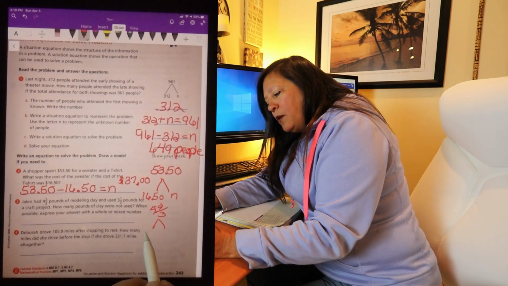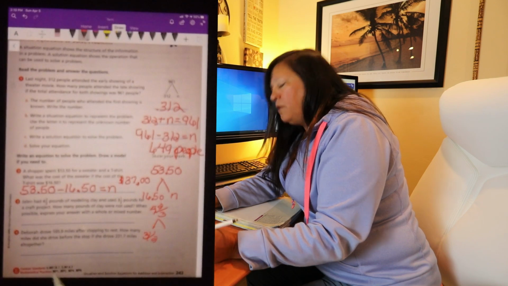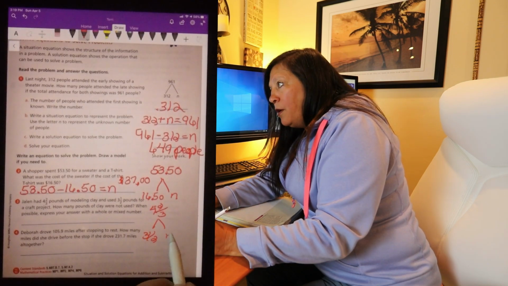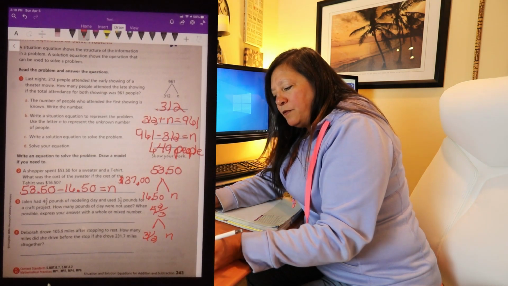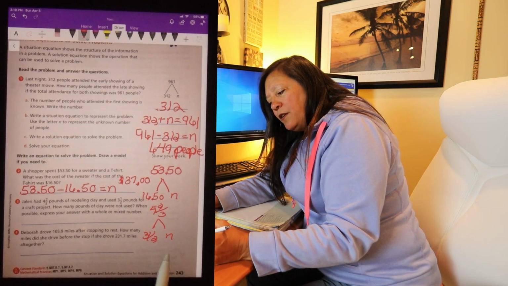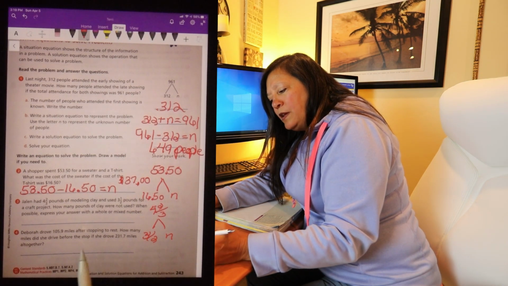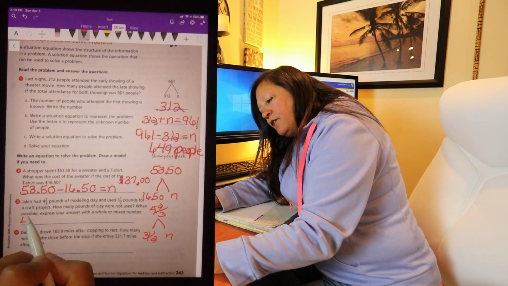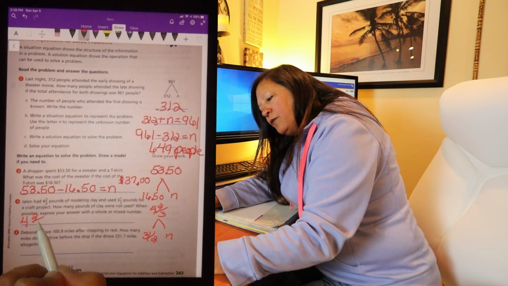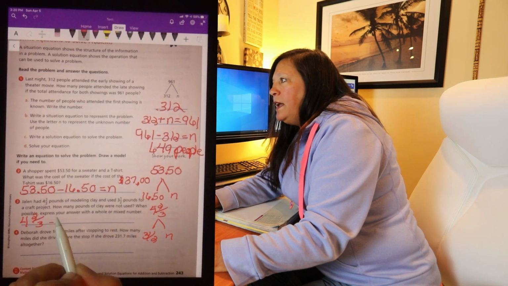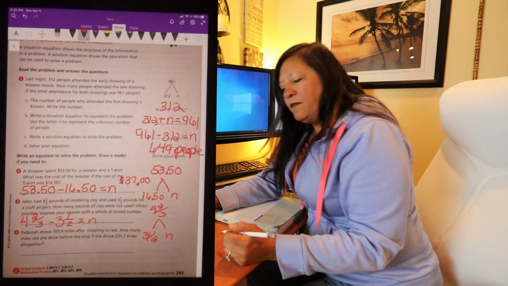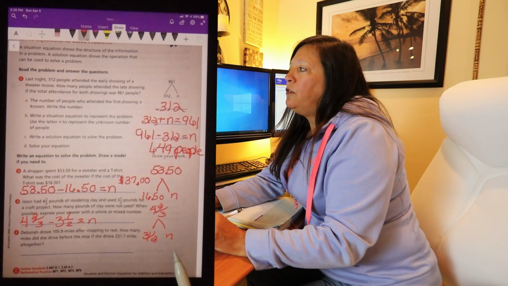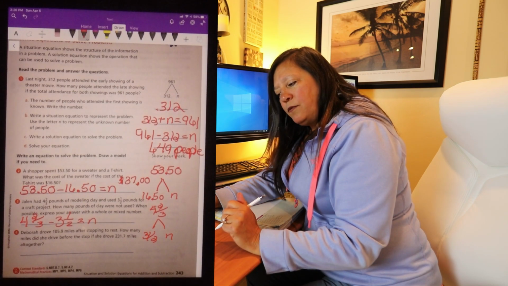Okay, and we know how much they used, but we don't know how much was not used. Okay, so here is our situation and what we know. To get the answer then, we're going to take our 4 2/3 minus 3.5, and that is going to give us how much was not used.